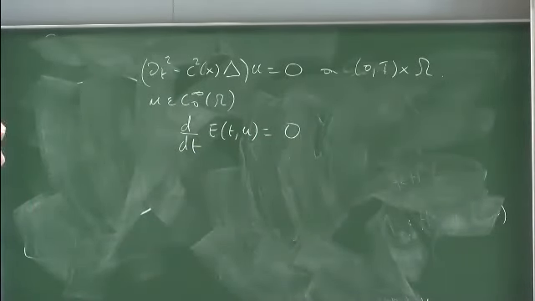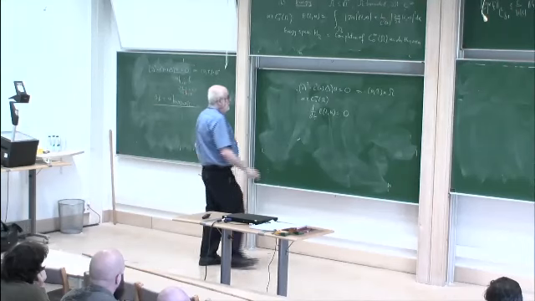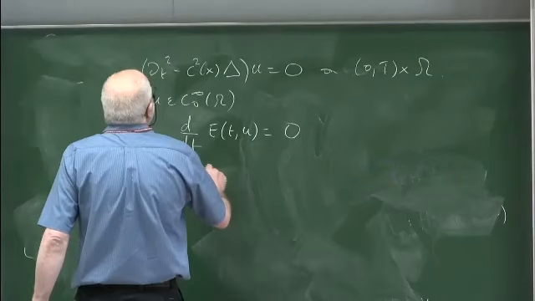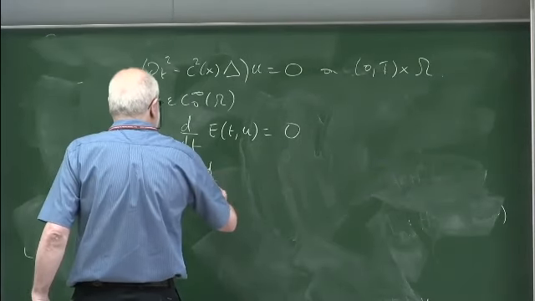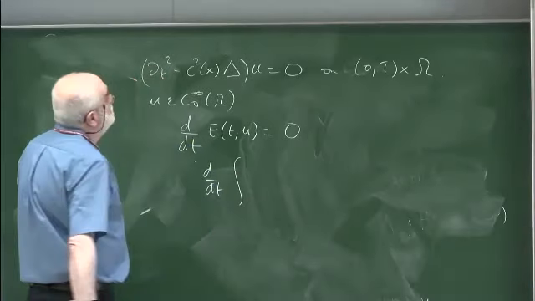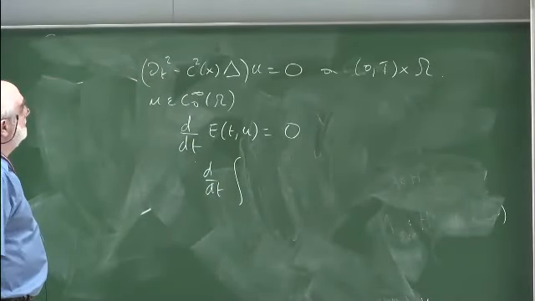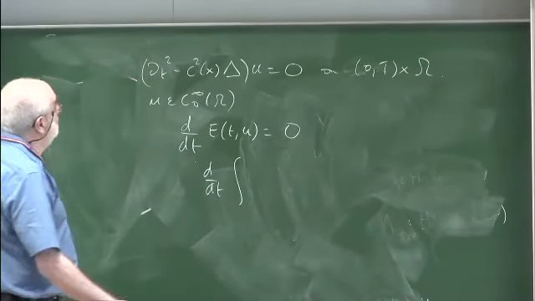So let me check this very quickly, so d/dt. Let me just assume that U is real valued, so I don't have to deal with U and U conjugate and so on.